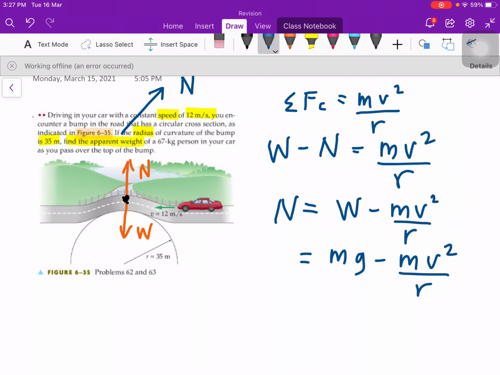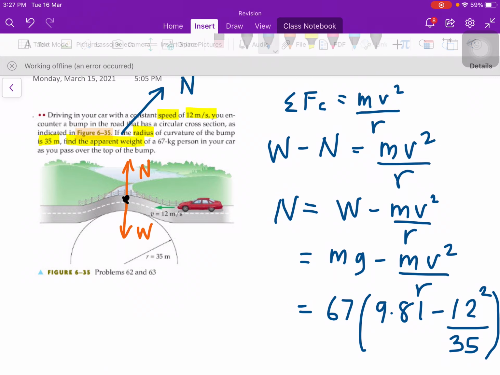Now I want to find my normal force, so I will insert all the values. My mass will be 67. I just factorize to make it easier: 67 times 9.81 minus 12 square, because we know 12 meters per second, divided by 35.